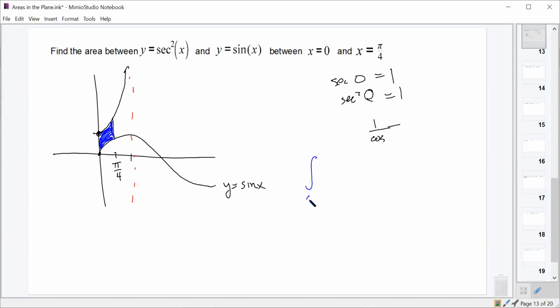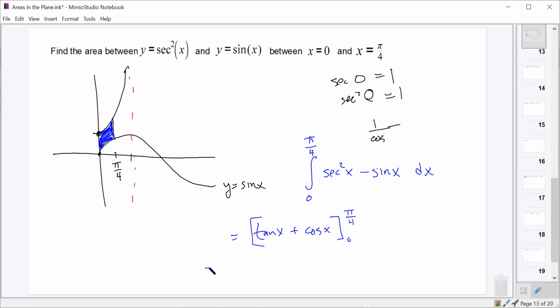So we're going to integrate from 0 to pi over 4 the upper function, secant squared x, minus the lower function sine x dx. And what's the integral of secant squared? Tangent x. And what's the integral of negative sine x? It'd be positive cosine x. And we're going to evaluate those from 0 to pi over 4.